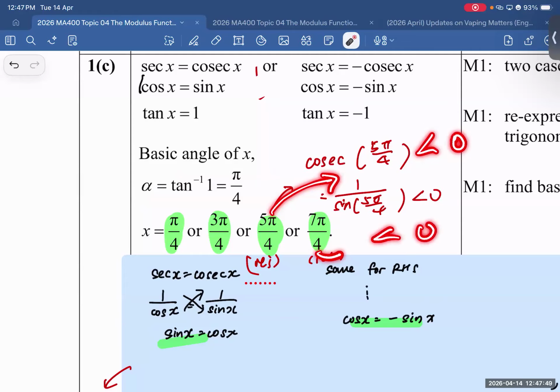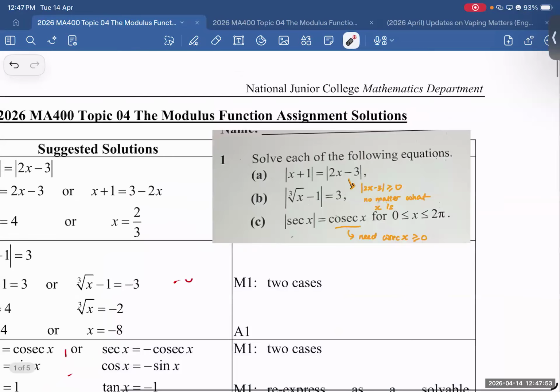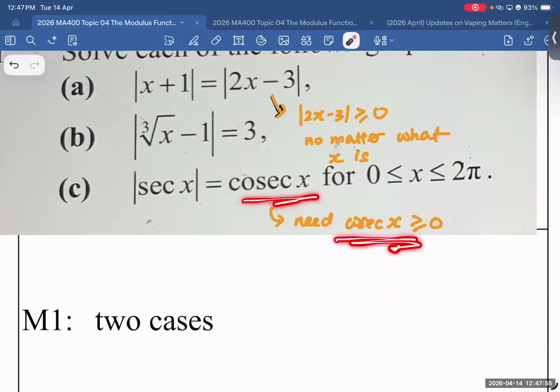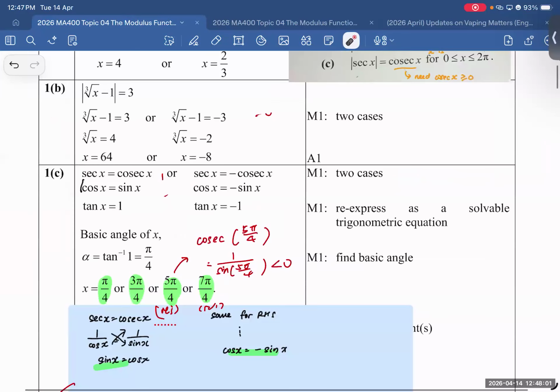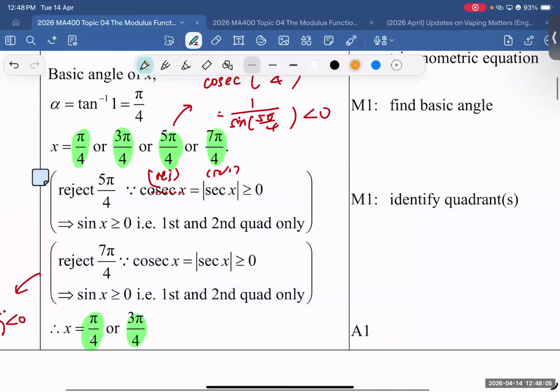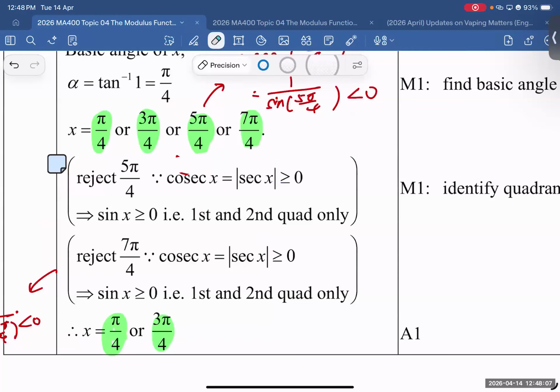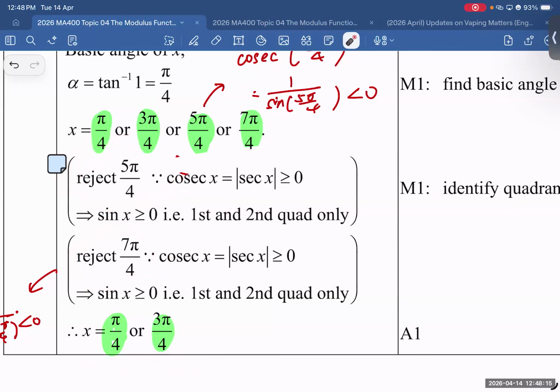So you must remember that because of this question, you need sine to be non-negative, more than or equal to 0. So 5 pi over 4 is rejected, 7 pi over 4 is rejected. That's why you're left with two answers.